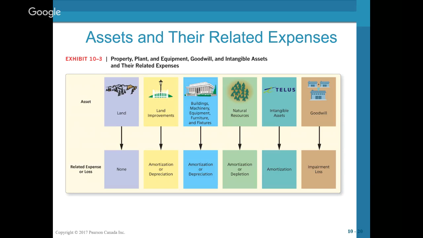Maybe Kodak buys a company that is really good at making film. At the time, digital cameras weren't as popular, so those film companies must have been worth a lot. And they might have said, oh yeah, this is going to have a ton of future benefit to us. And then, well, we all know what happened. The digital camera has taken over, and now we'd have to record an impairment loss because that goodwill no longer is worth what it was.